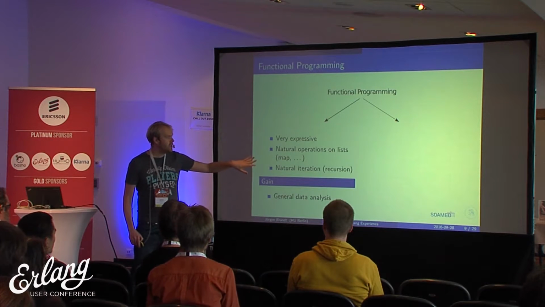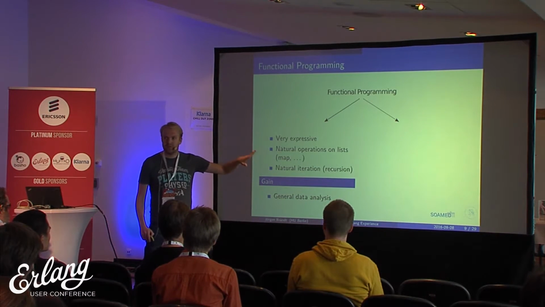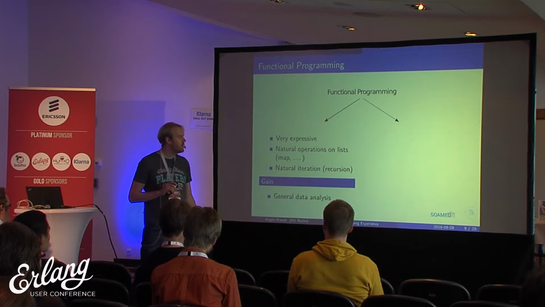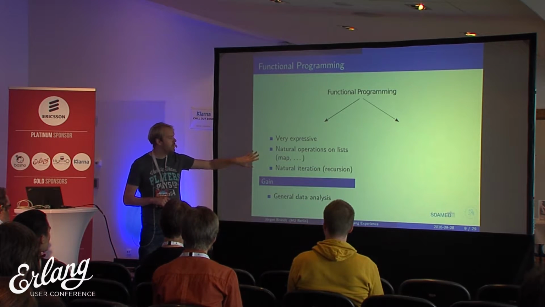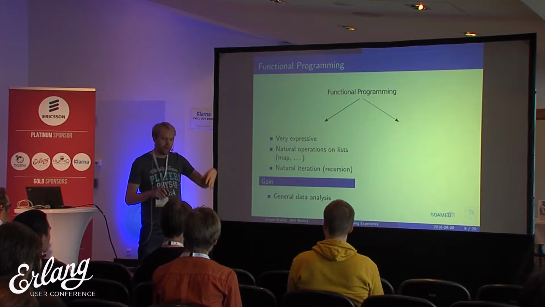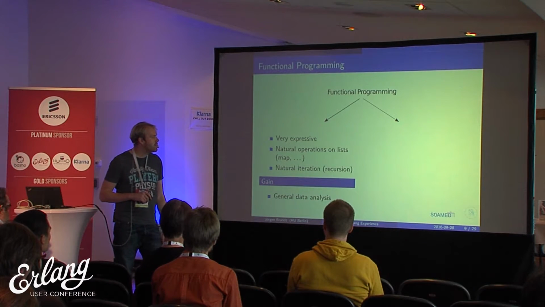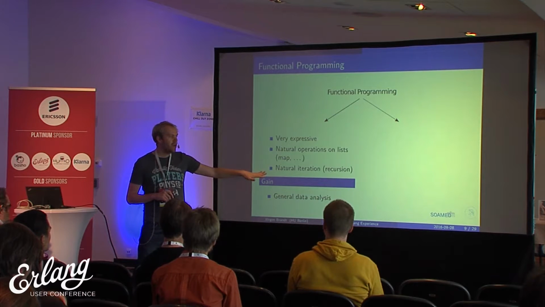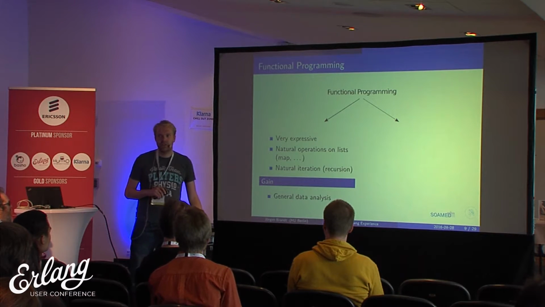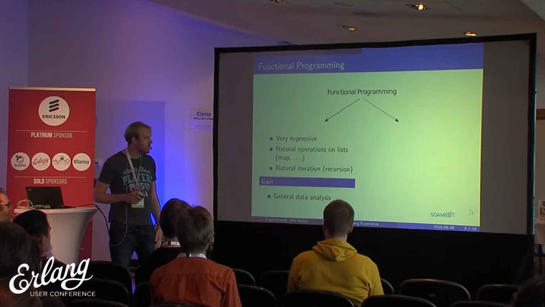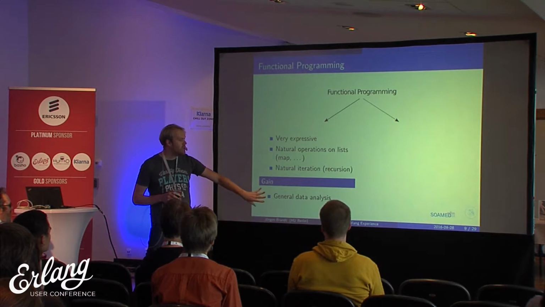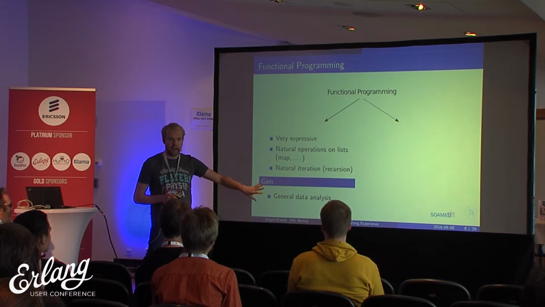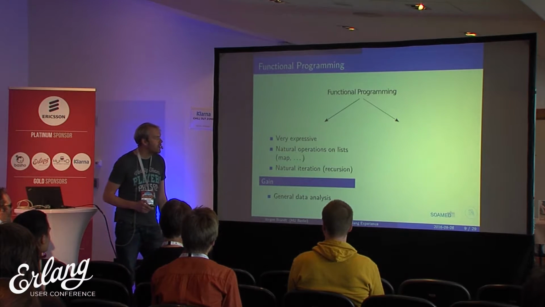It has natural operations on lists like map, cross product, dot product, all these kinds of stuff, which is very important when you want to do data parallel, when you want to iterate over lists. And it also has a natural way of expressing iterative algorithms through recursion. So what we gain here on this side is that we have a very general way to express what a large-scale data analysis program can look like.